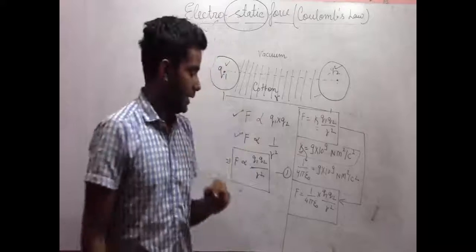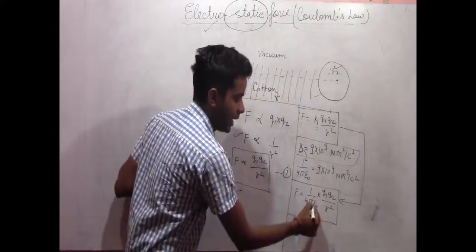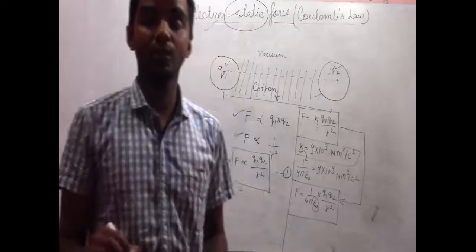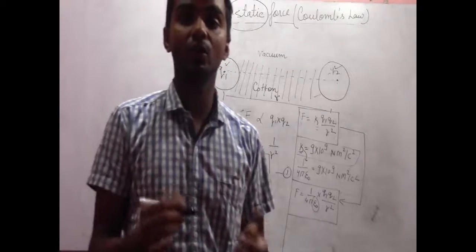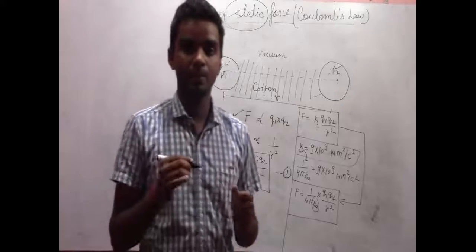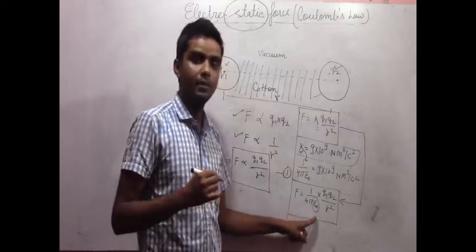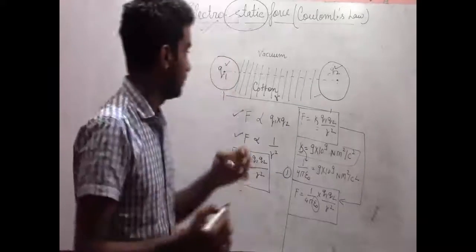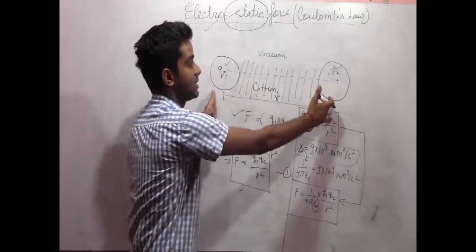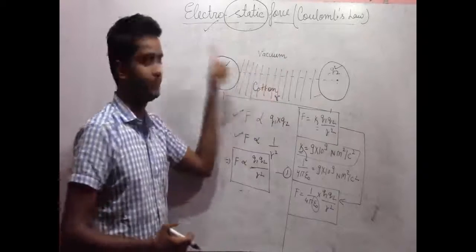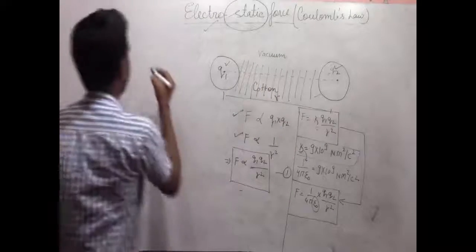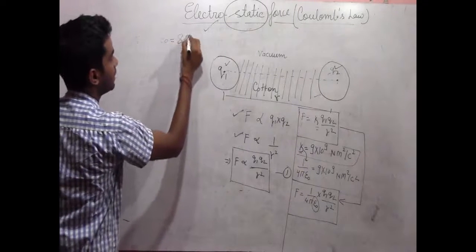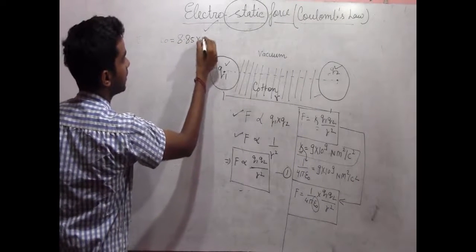In this one, I have written epsilon naught. What is epsilon naught? Epsilon naught is the permittivity of a given medium, and the medium is the medium between the charges. If there is a vacuum between the charges, its value is epsilon naught equal to 8.85 into 10 raised to the power minus 12.